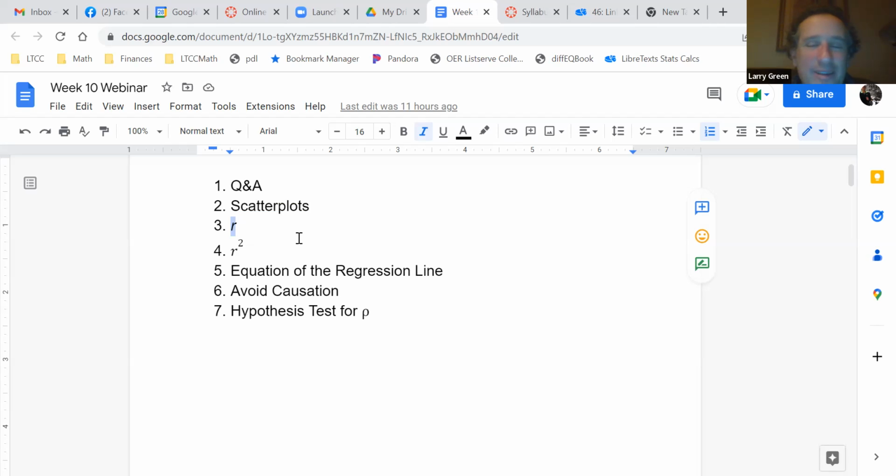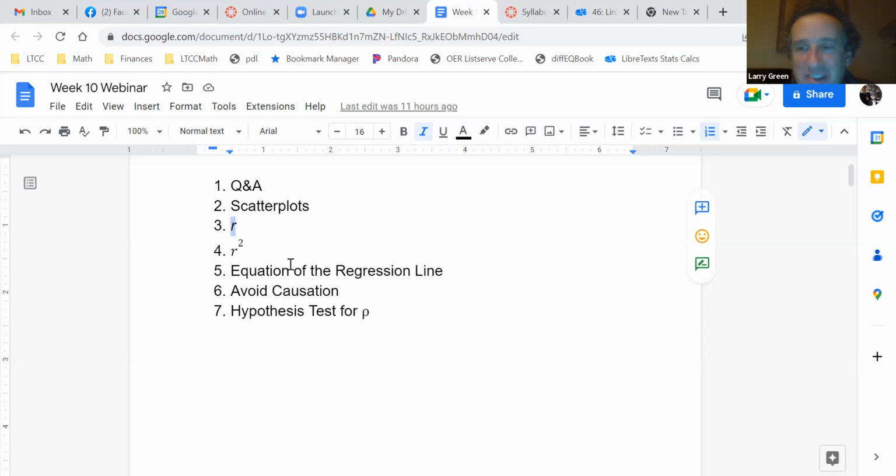But R is the correlation between the two variables. So it's kind of how much linearly one is going to help you predict the other, is kind of the idea of R. And we'll talk about that. The math, by the way, is way too hard. So all we'll do is look at the number and interpret the number.